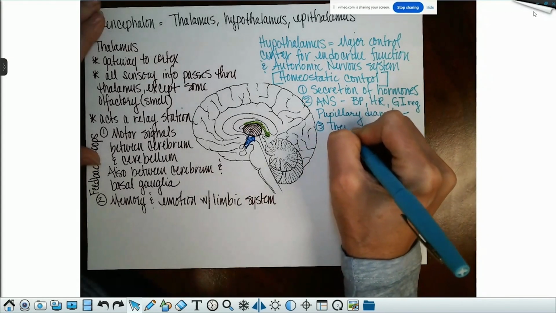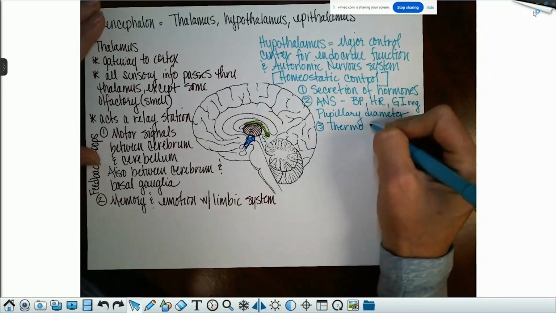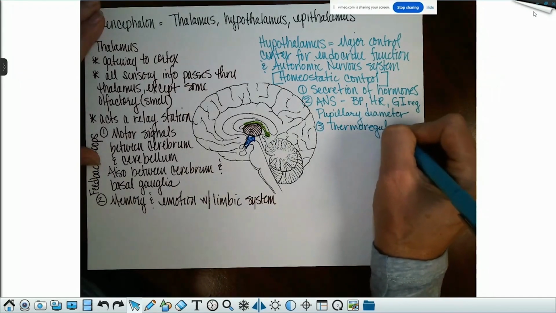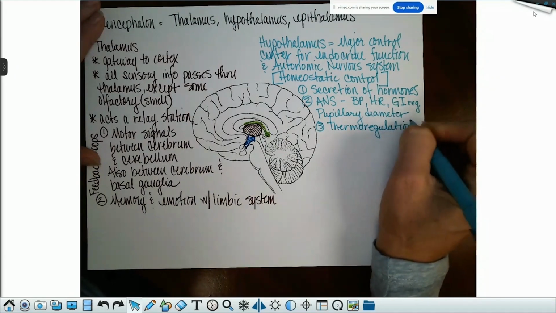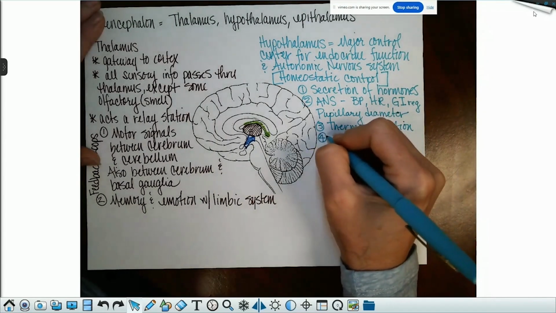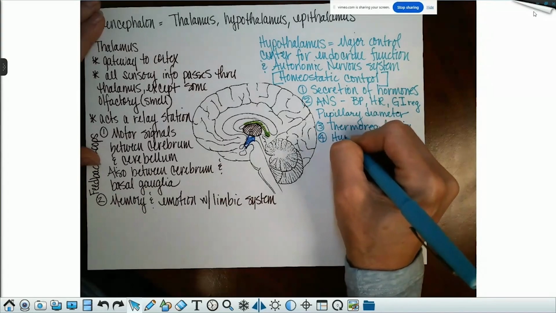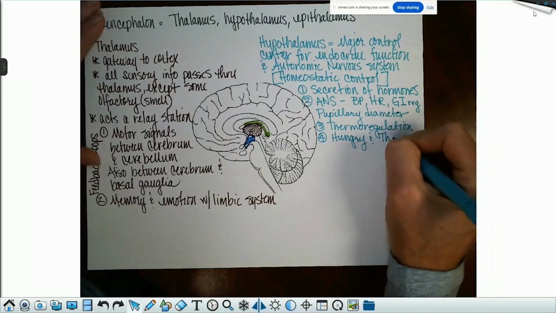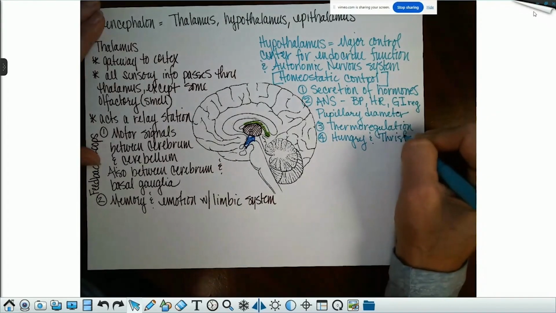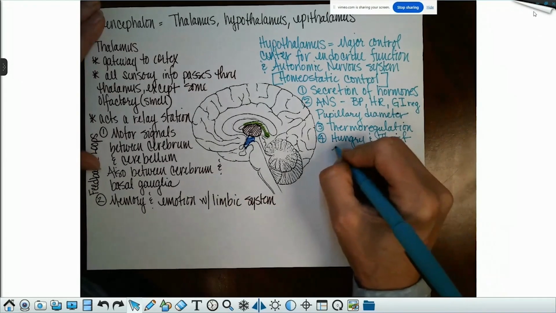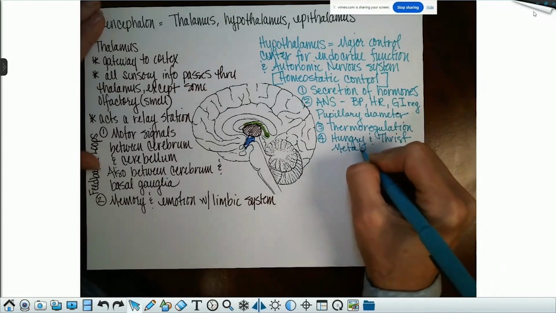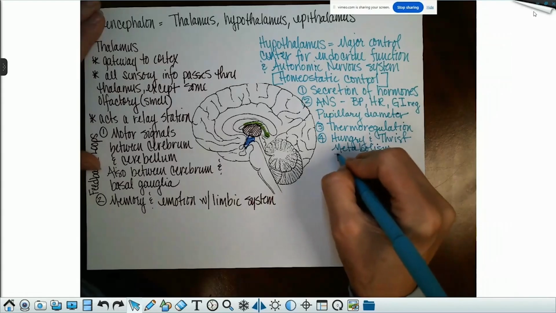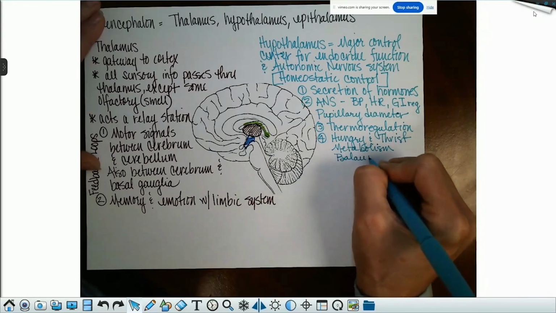Thermoregulation, it has a thermostat in there that regulates your body temperature. It's involved in your hunger and thirst. So the metabolism, your balance of water, all falls under that.